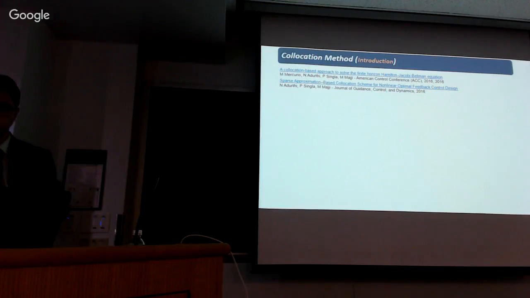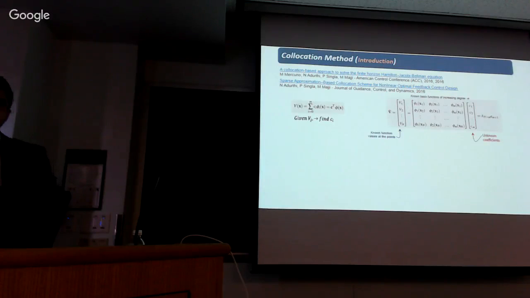So assume that I know the value function at some points, that these points are collocation points, and I will approximate my value function as a multiplication of some unknown coefficients and some basis functions. Here, because there is no terminal constraint, I can consider just the value function as a function of the state variables. So I can form this system of equations.